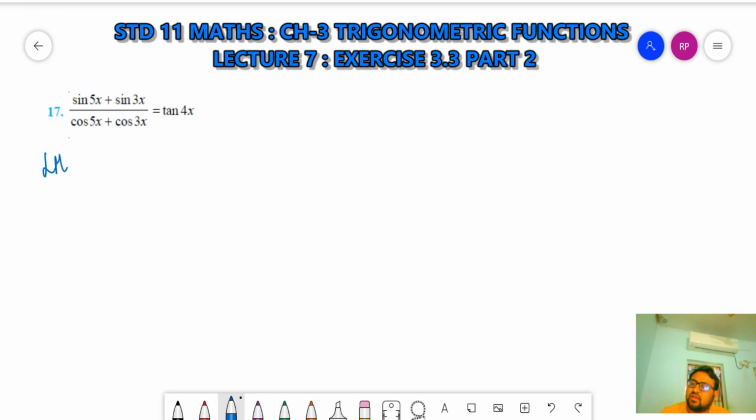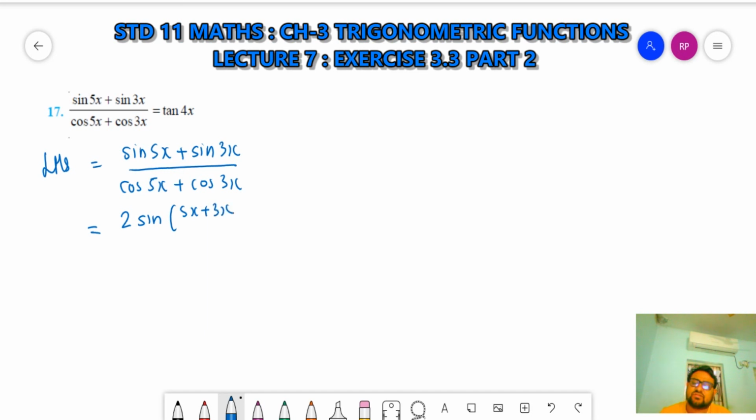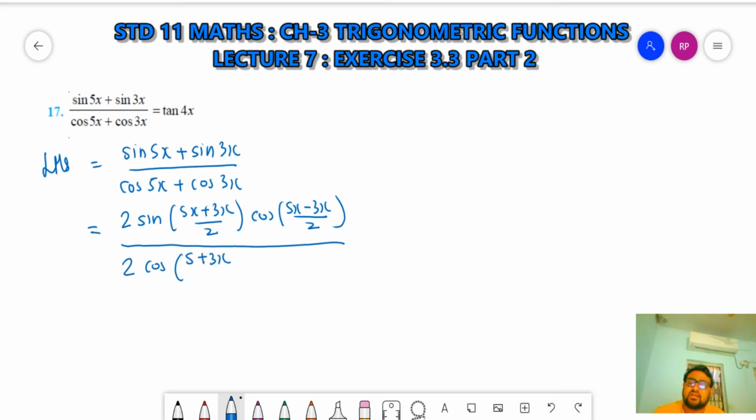So let's start with LHS: (sin 5x + sin 3x) upon (cos 5x + cos 3x). Numerator sin plus sin is 2 sin cos, 2 sin((5x + 3x)/2) cos((5x − 3x)/2), upon cos plus cos, 2 cos cos, so 2 cos((5x + 3x)/2) cos((5x − 3x)/2). So this will get cancelled here.